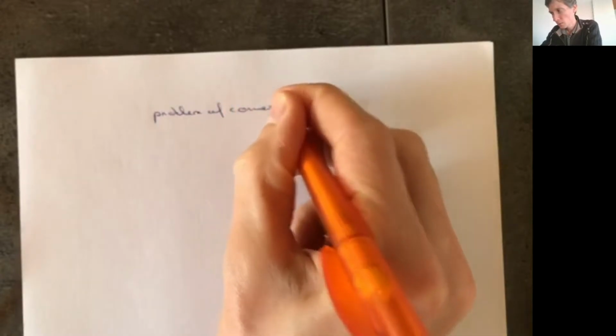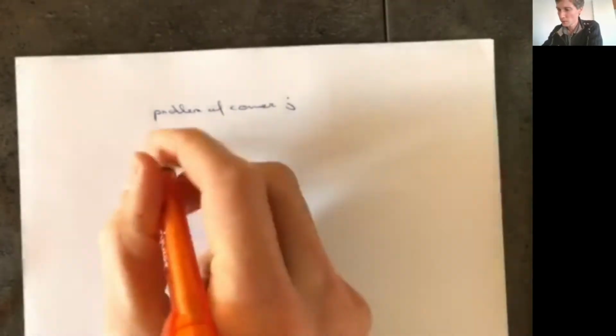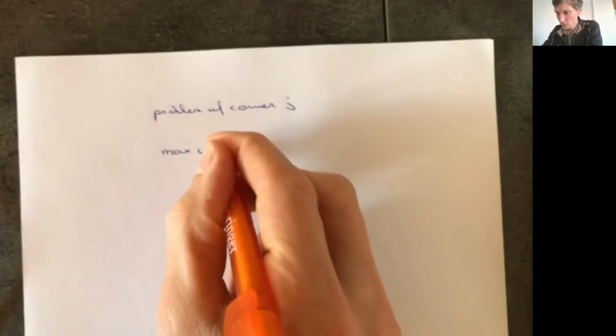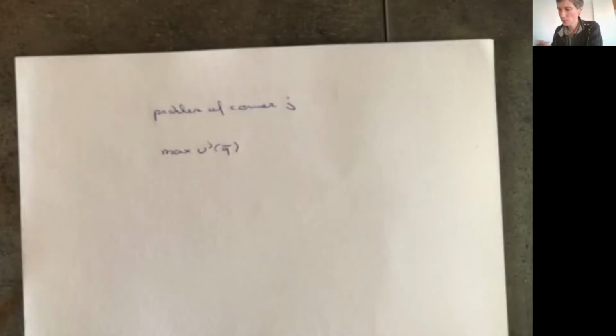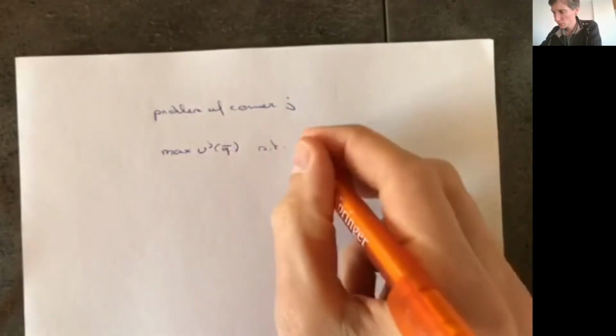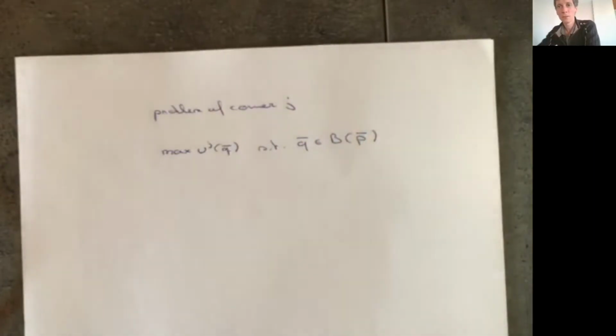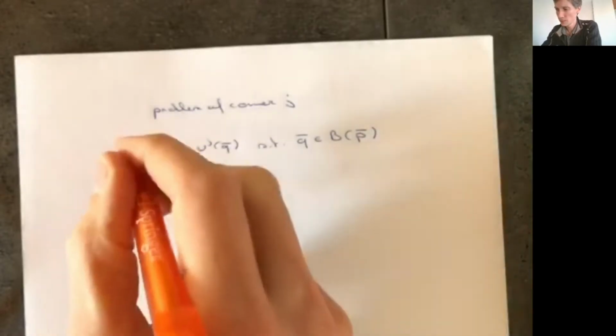Then if we have a consumer with this kind of budget, and our consumer has a utility function, we can write down the problem of consumer j, that's to maximize this utility function u_j(q), subject to q being in the budget set with some given prices p.